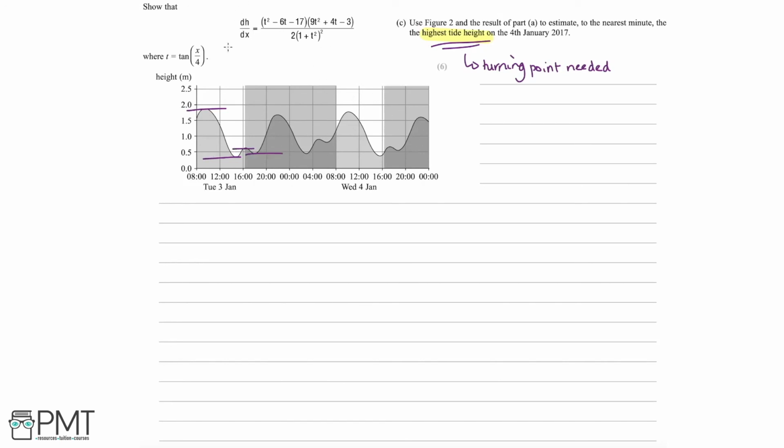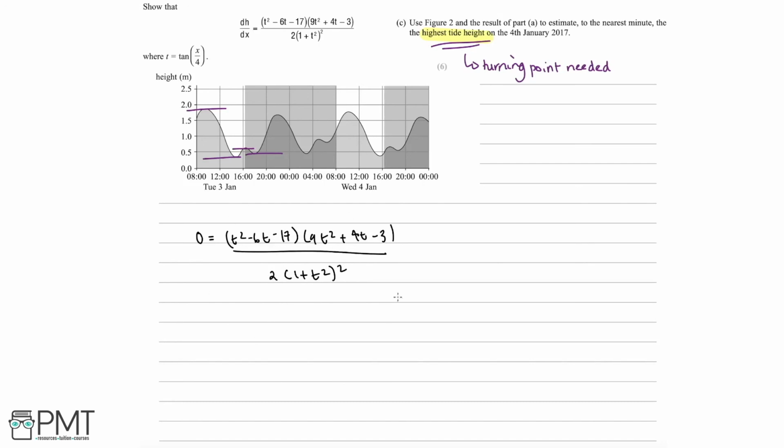Now, we can show this because in our equation over here, dh by dx, if we set dh by dx equal to 0, we have 0 is equal to (t squared minus 6t minus 17) multiplied by (9t squared plus 4t minus 3) all over 2 multiplied by (1 plus t squared) all squared.